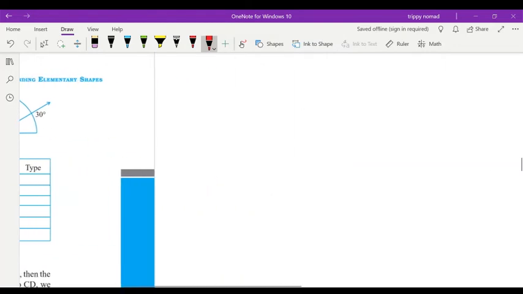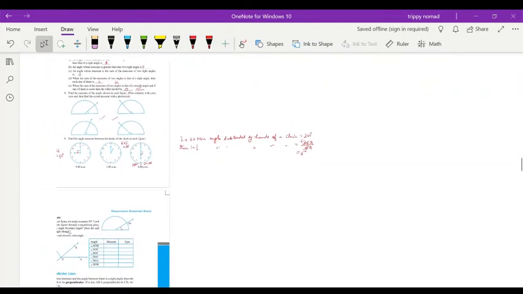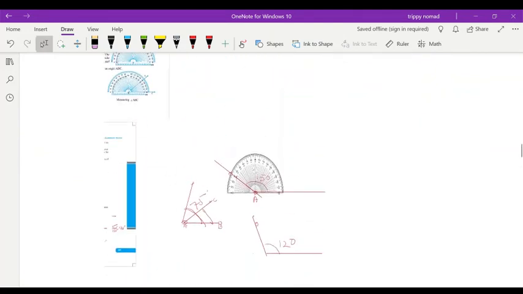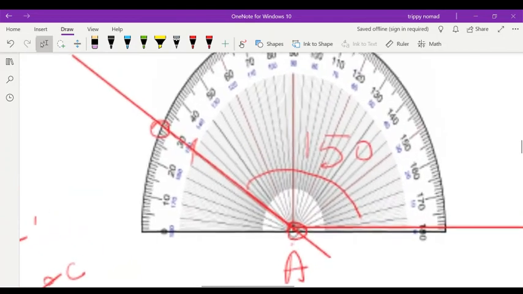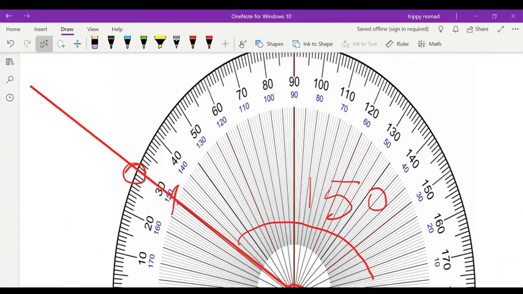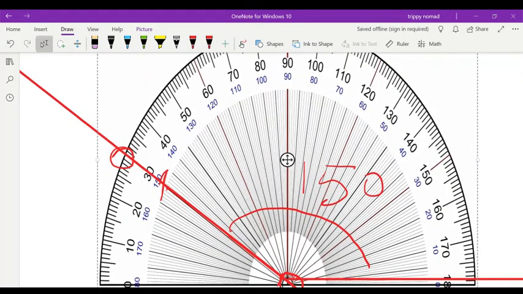Okay, here I want to show you. Suppose with the magnifying glass, if I increase, the angles are not going to change. You see here I have increased the size of this protractor. Same you will see with the help of a magnifying glass, so it will remain 150 degrees.